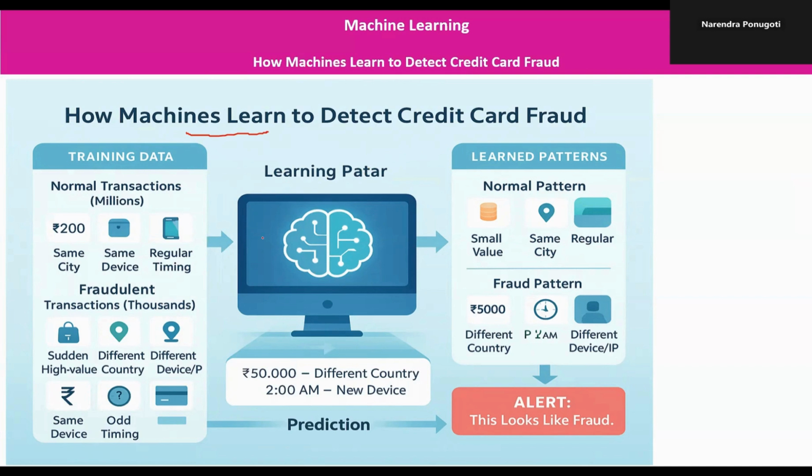They train the machine with millions of transactions: millions of normal transactions showing how normal transactions appear, and thousands of fraud transactions showing how fraud appears.